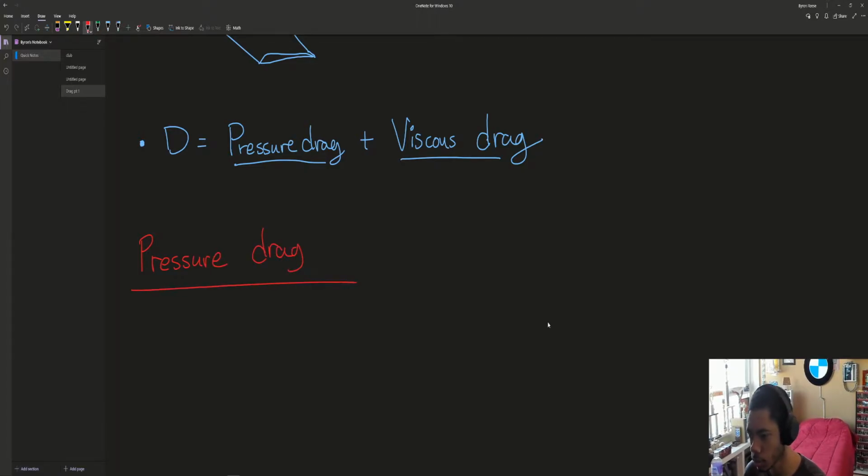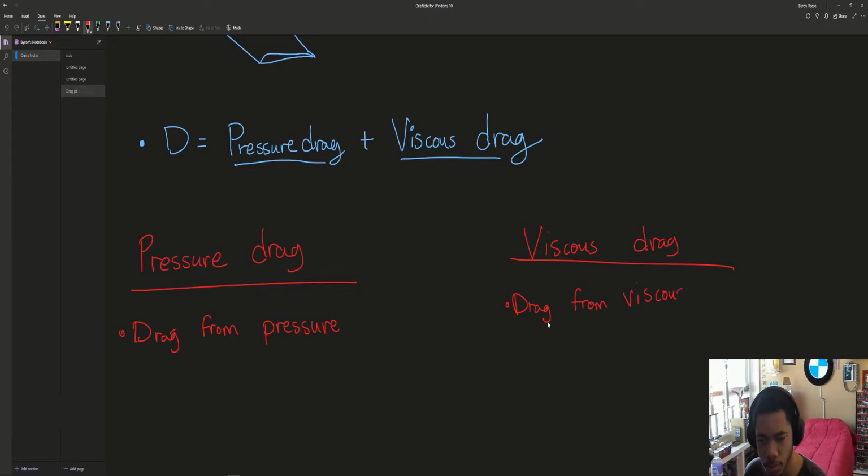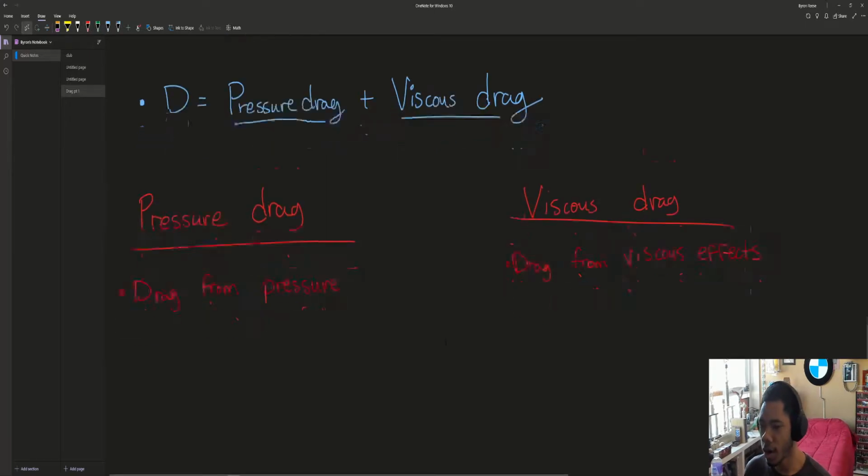Pressure drag. Pressure drag is drag from pressure. Viscous drag is drag from viscous effects. Geez, who would have ever guessed that that's what those meant? Alright.